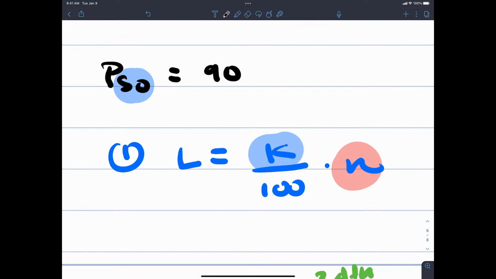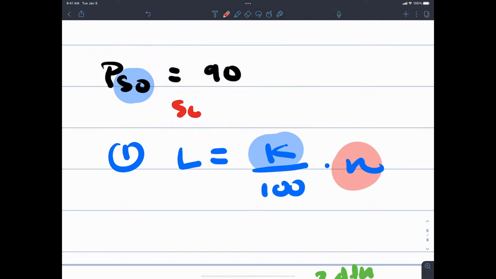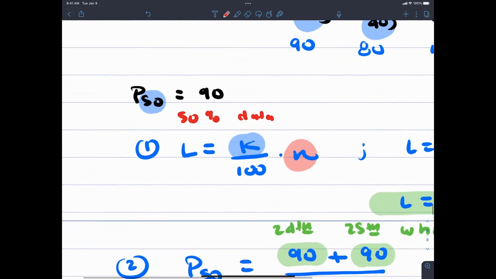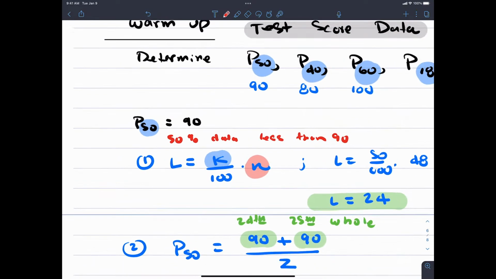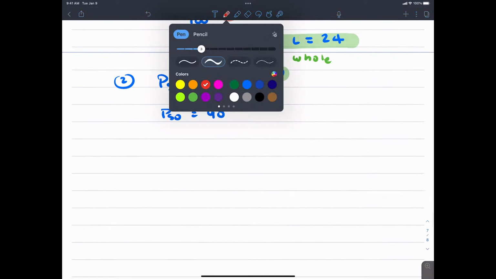What's the meaning of P50? Yes. 50% of the data is less than what? 90. Half the data is less than what? 90. That's the meaning of what you're doing. That's important.